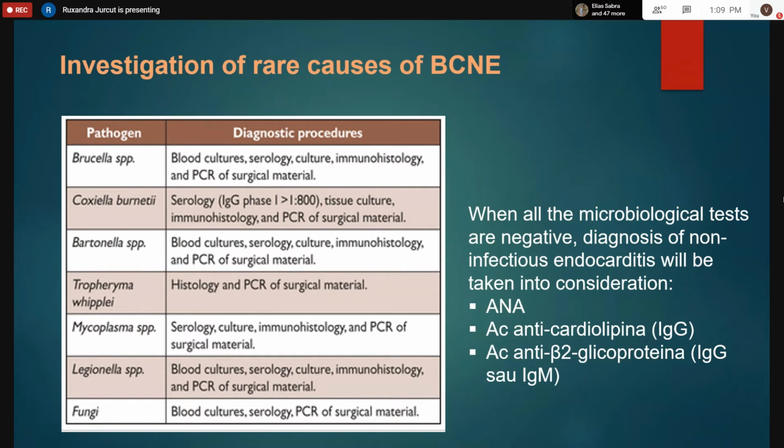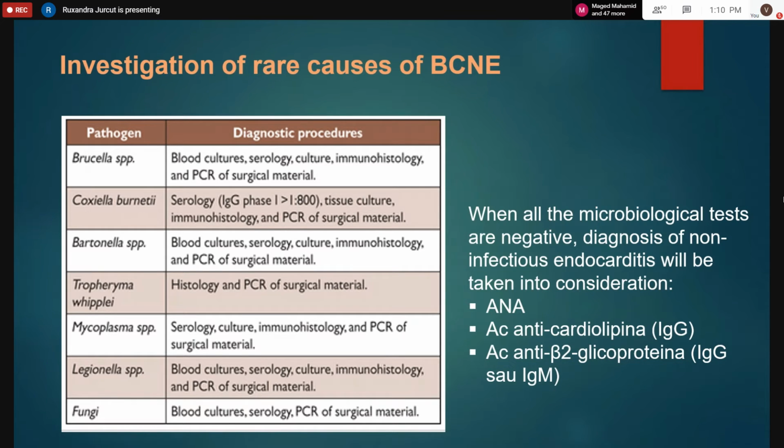And if this is the case, one thing that we should take into account is that there is another disease which mimics very well infectious endocarditis, and this is called Libman-Sacks endocarditis, and it's a non-infectious endocarditis. The vegetations are only thrombotic, they don't have germs inside, and it's usually associated to a disease that is called antiphospholipid syndrome, which can be associated to lupus.